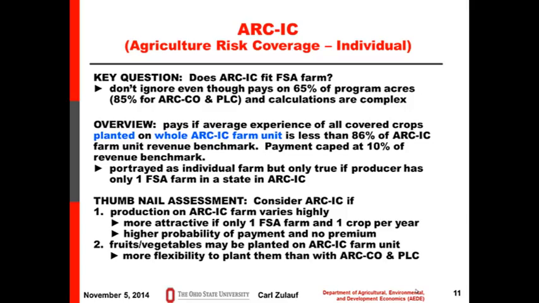The fact that I know more about 2014, does that mean more to me? And do I want to diversify across ARC-CO and PLC if I have multiple FSA farms? Those 4 questions, there's no right or wrong, but they are critical questions in assessing the decision of which one of these three program options you wish to select for the years 2014 through 2018.